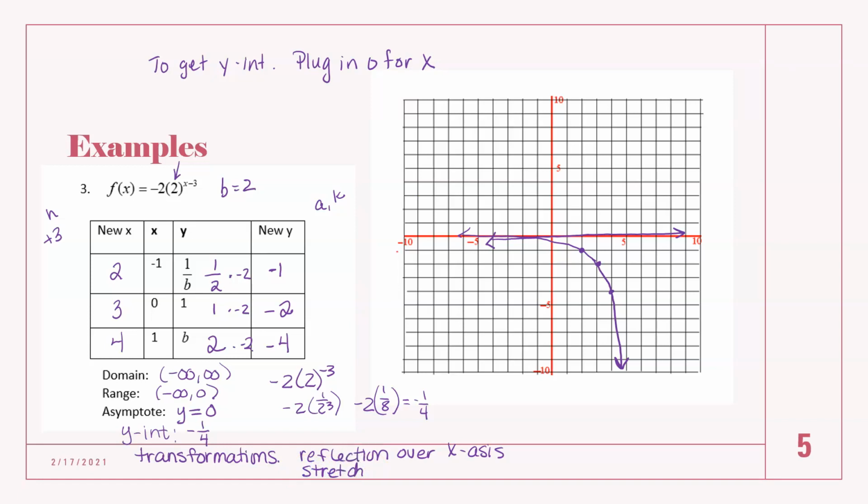And that negative 3 is a shift right of 3. All right, so I'm going to stop this right here so I don't run out of time, and then you can continue in the next part.